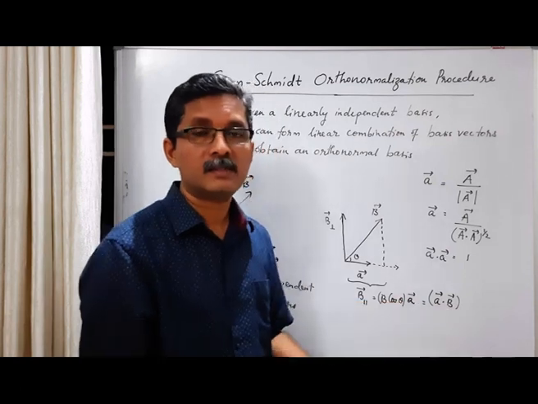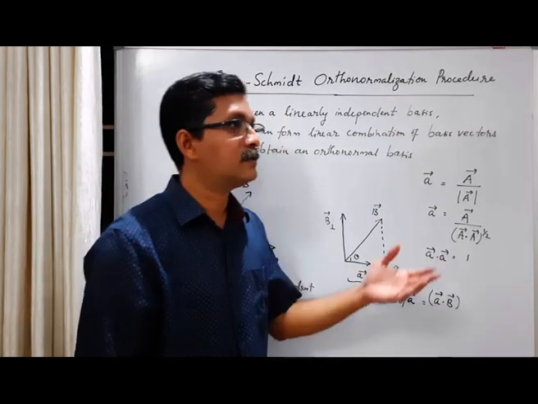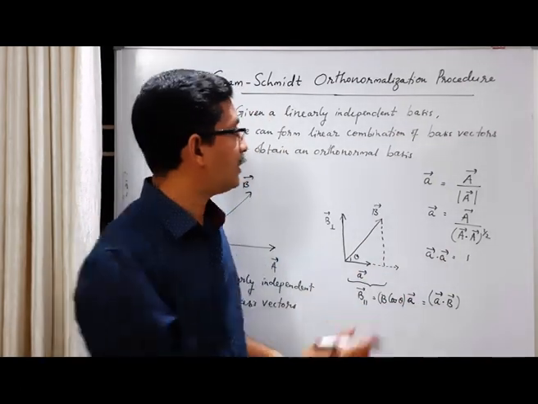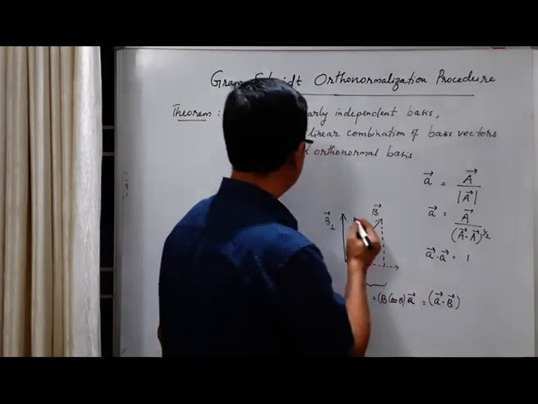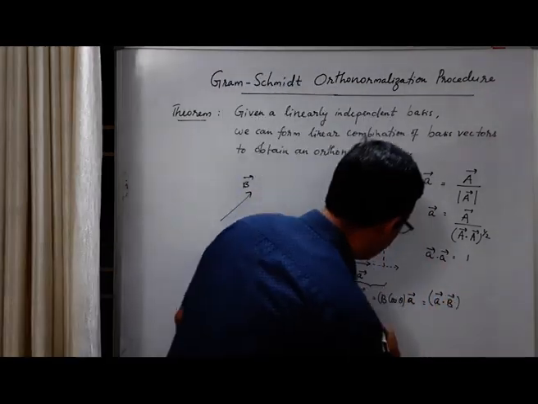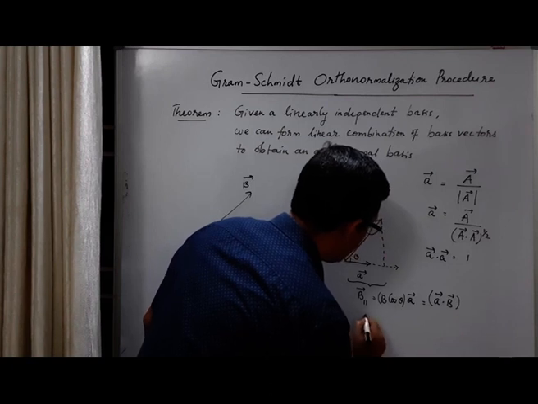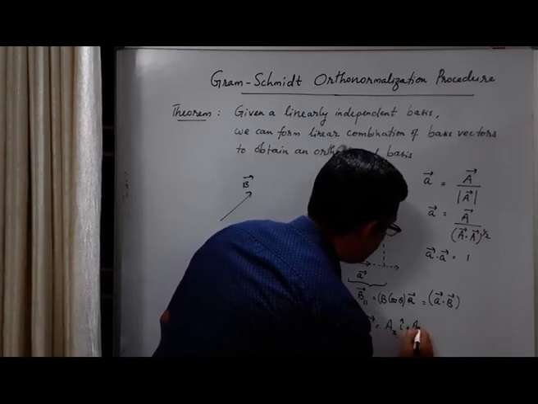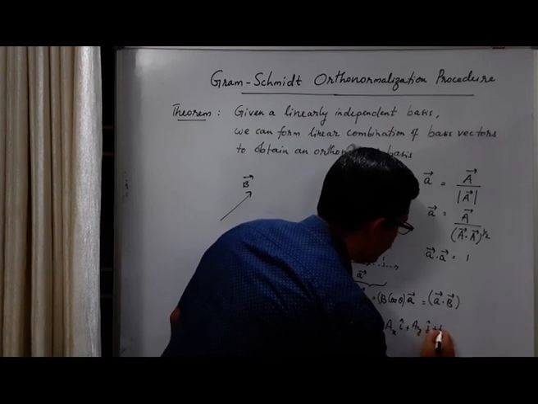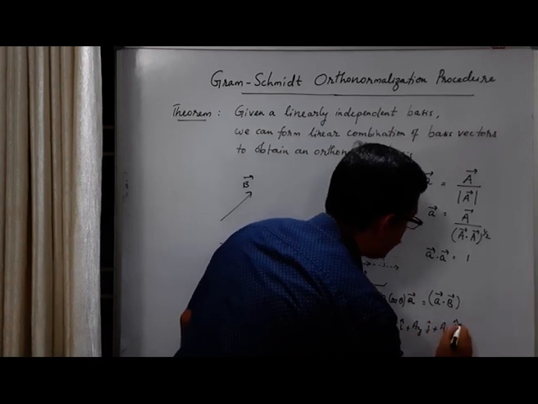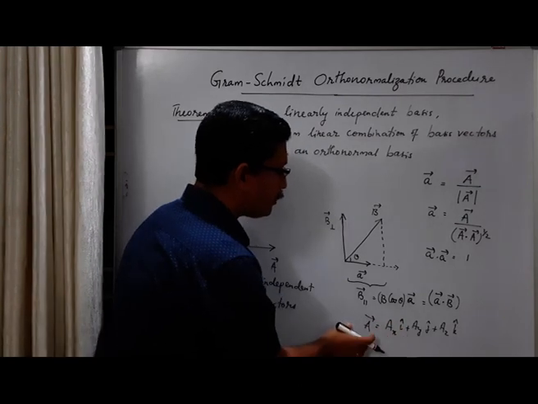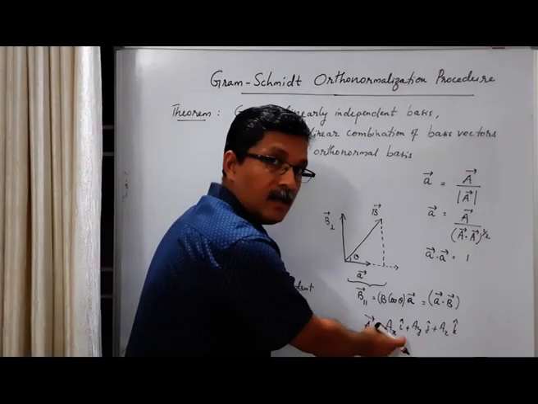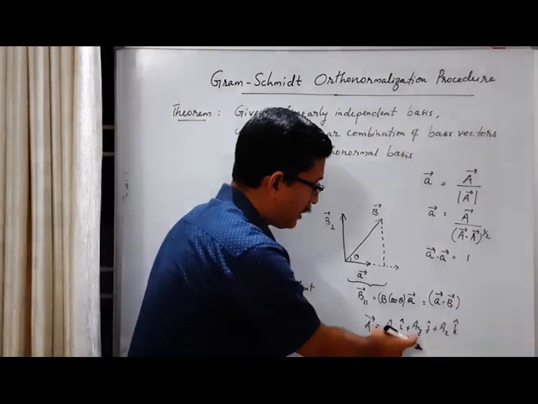We have discussed this in the previous class. For example, you expand a general vector, let us say vector A, like this: Ax i plus Ay j, in three dimensions, let us say. What is this Ax? It is the component of vector A along the x-axis, along the direction of i.